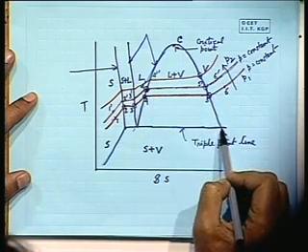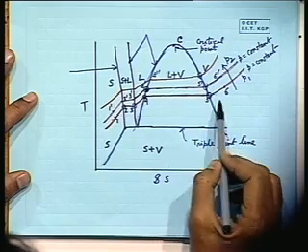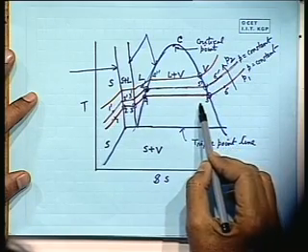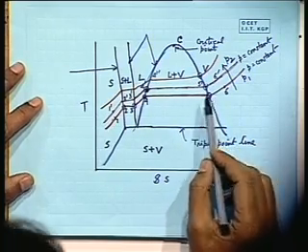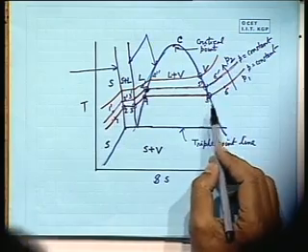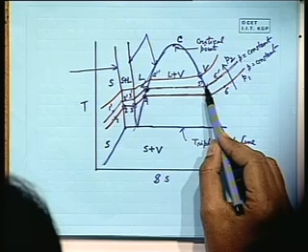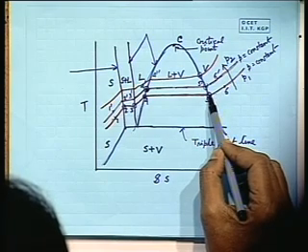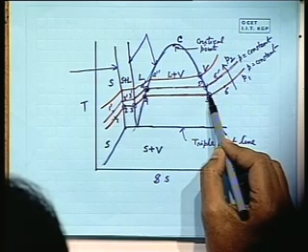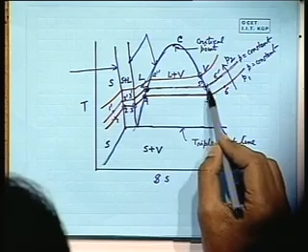But here the saturated vapor line heels towards the left, in a similar way as it happened in the PV diagram. This is because of entropy. Here the entropy is lower compared to here. Then you can ask me, though the temperature is higher here, why is entropy lower?